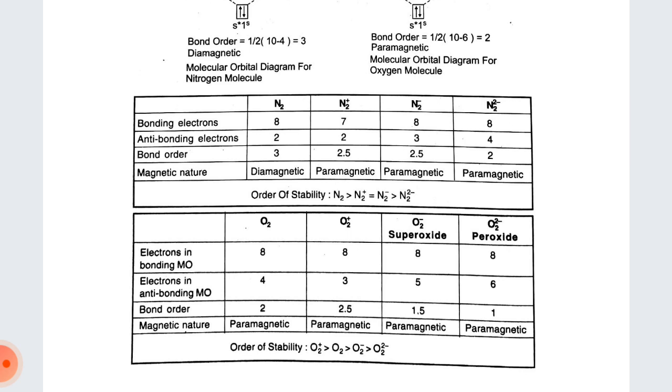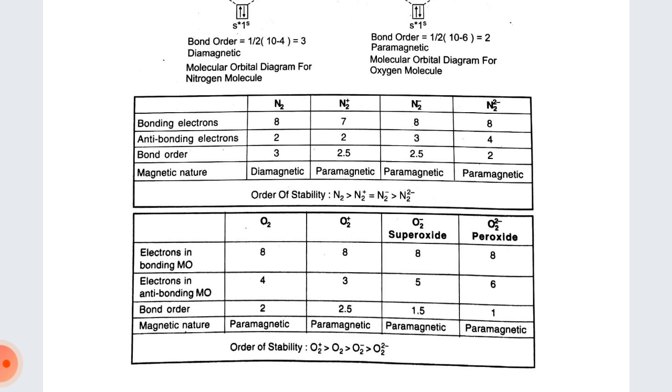In N2, bonding electrons are 8, antibonding electrons are 2, bond order is 3, and the magnetic nature of nitrogen is diamagnetic. Then in N2 plus, bonding electrons are 7, antibonding electrons are 2, bond order is 2.5, and the magnetic nature of N2 plus is paramagnetic.